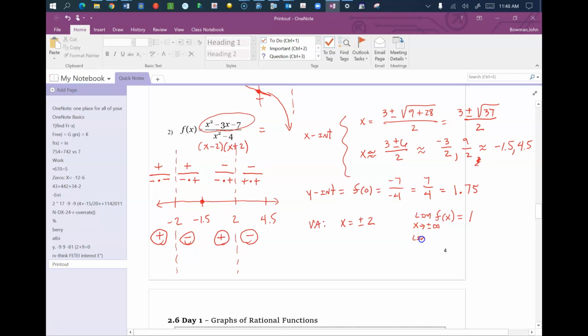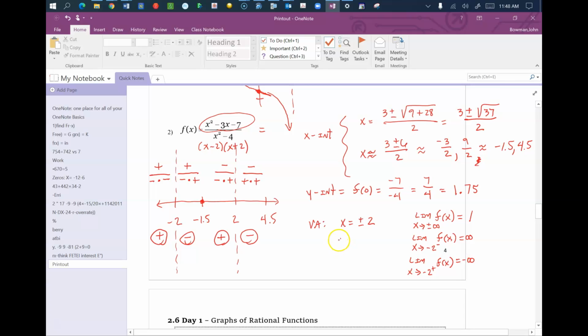The limit as x approaches negative 2 from the left is going to be positive infinity. The limit as x approaches negative 2 from the right is going to be negative infinity.